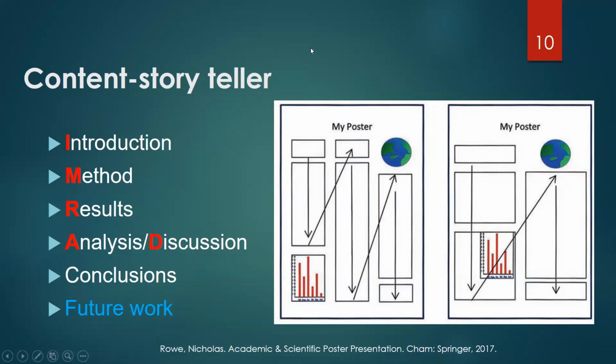For example, on the right side, you see that you start from here, introduction, you go to the method, and then you can continue up here and again come back. You can present it in this way, and you have the plots or figures here, or you can present it in another way.